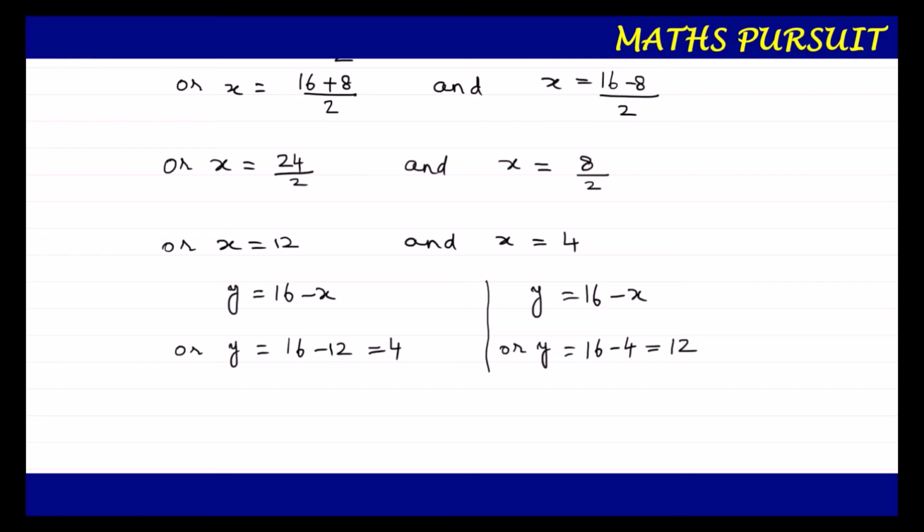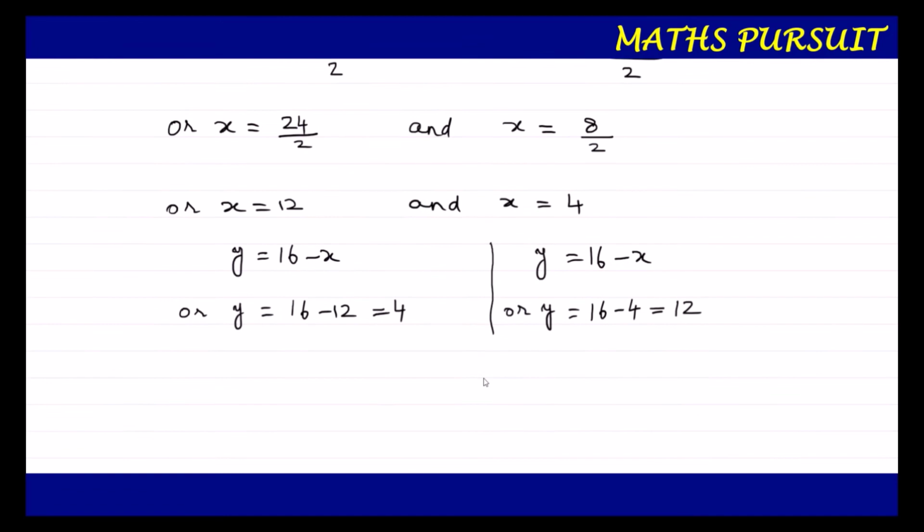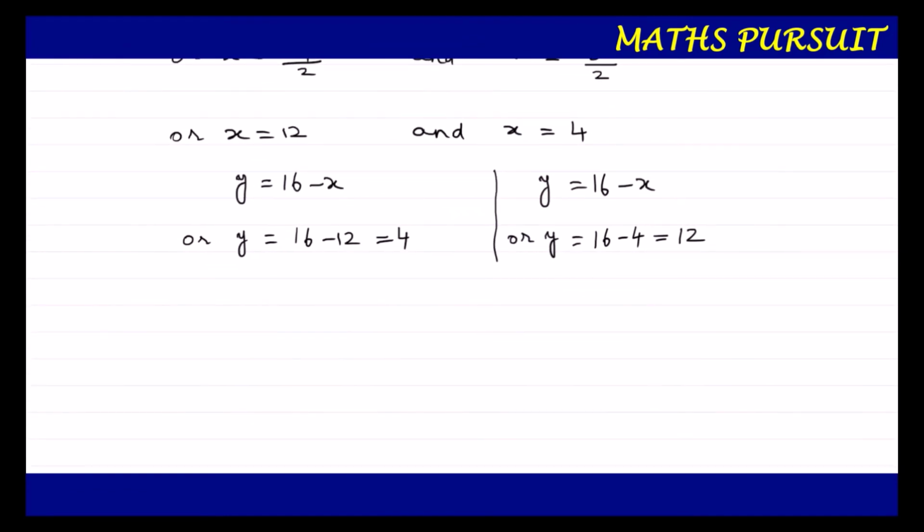When x is equal to 4, we are getting y is equal to 12. So in conclusion, we can say when x is equal to 12, y is equal to 4, or when x is equal to 4, the value of y is equal to 12. This is what our answer is.